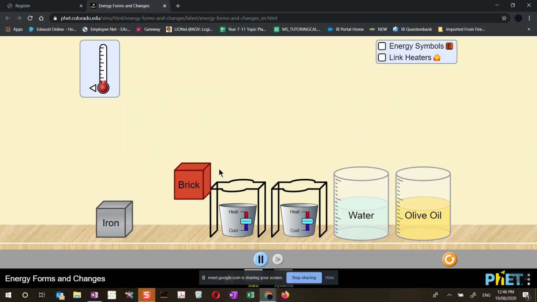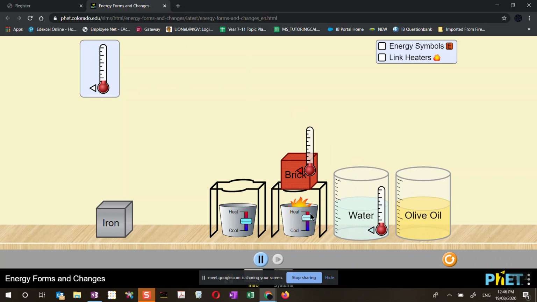I'm going to take brick instead. Same as before, thermometers in both, heat it up. Sorry, let's turn our energy symbols on. Heat it up.